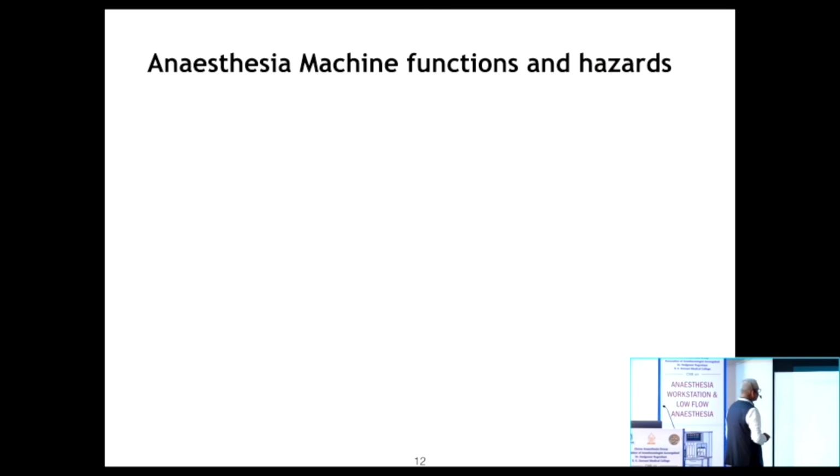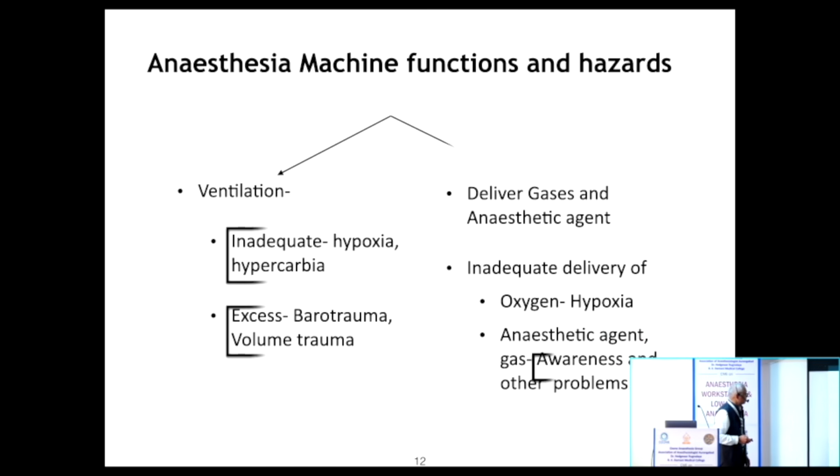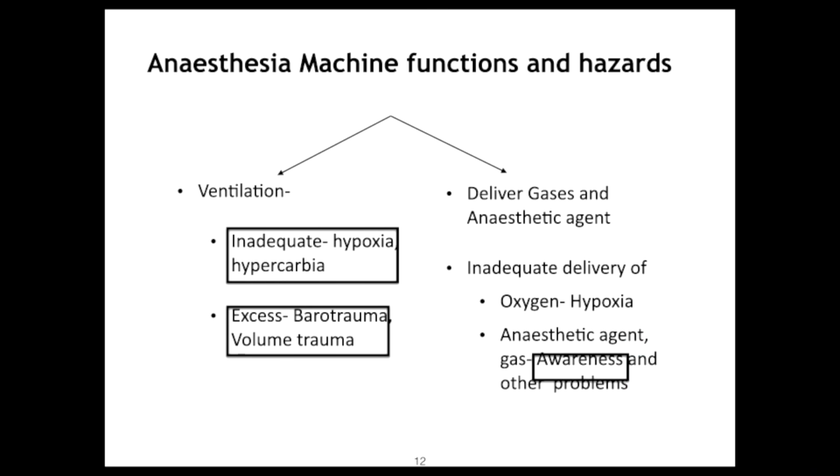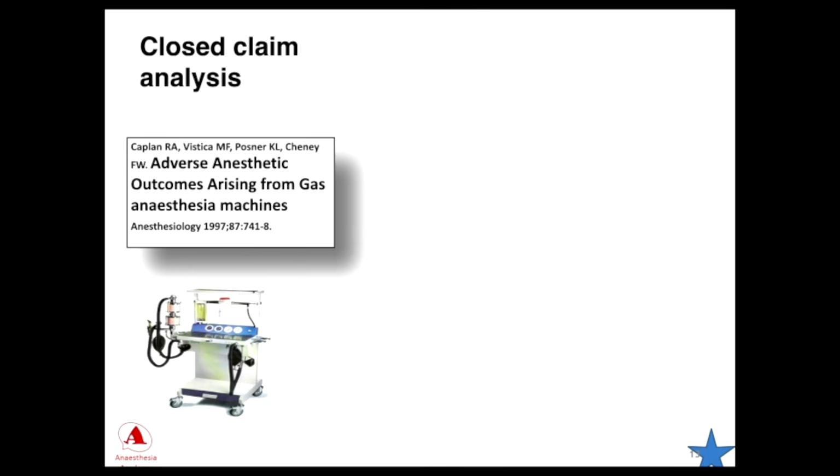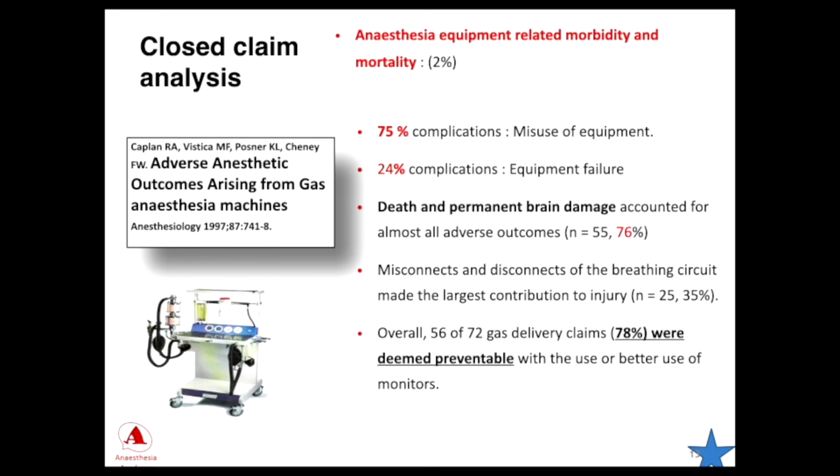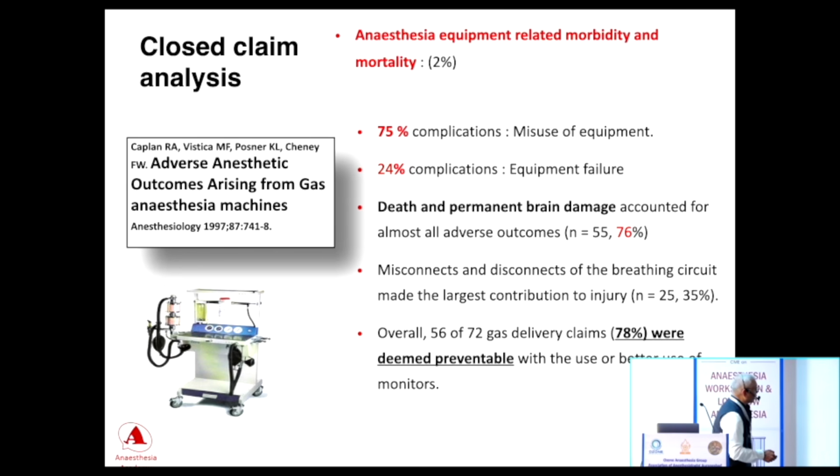So, anesthesia machine, what are the functions? If you don't do well, the patient may have hypoxia, hypercarbia, barotrauma, volume trauma, or awareness. What is the magnitude of this problem? The first time they did the closed claim analysis in 1997, they found that it was very significant: 75% of complications were misuse of equipment.